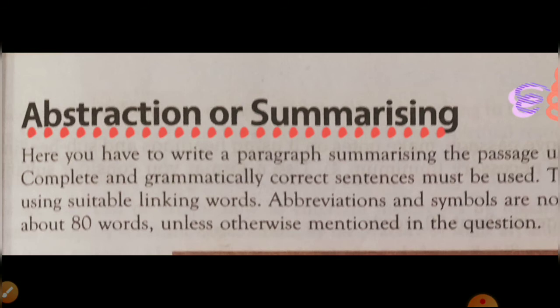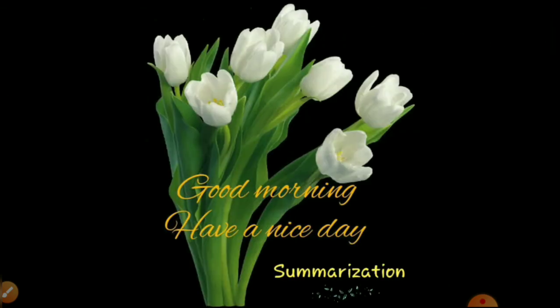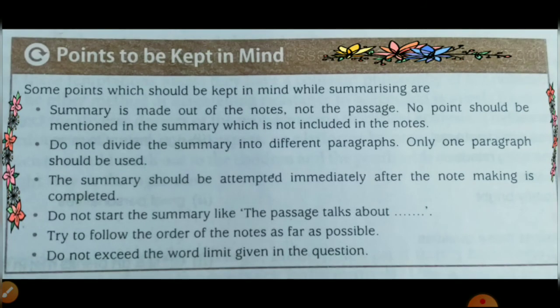Some of the points we have to take care of, children, are to be kept in mind. First, the summary is made out of the notes, not the passage. That means the notes which we make from the passage are what you have to use. No point should be mentioned in the summary which is not included in the notes.